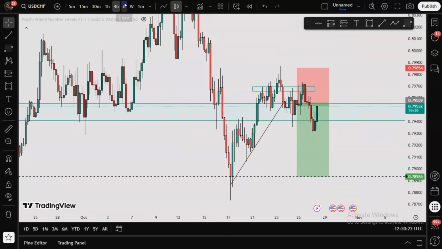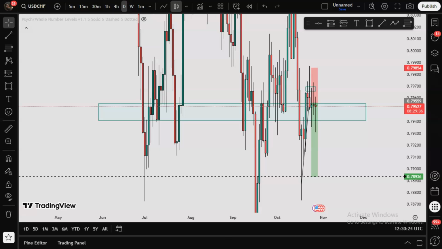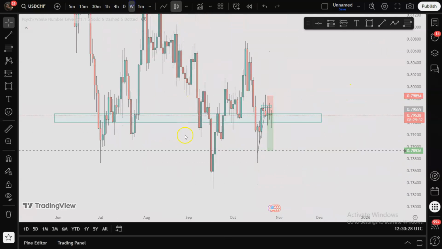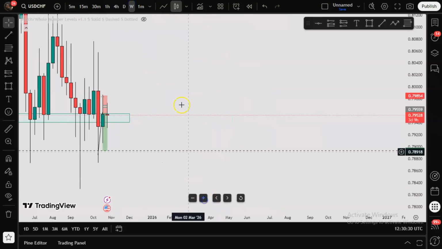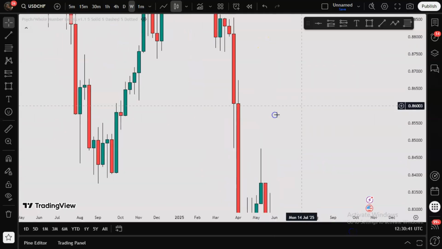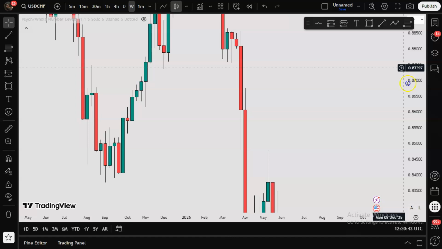So on the daily level, I actually picked my analysis from the weekly upcoming. As you can see over here, we are currently bearish on the weekly time frame, as it's been very bearish.